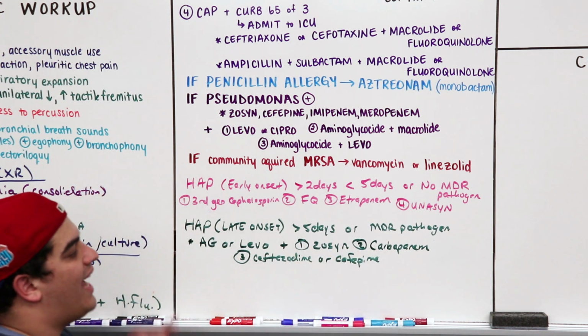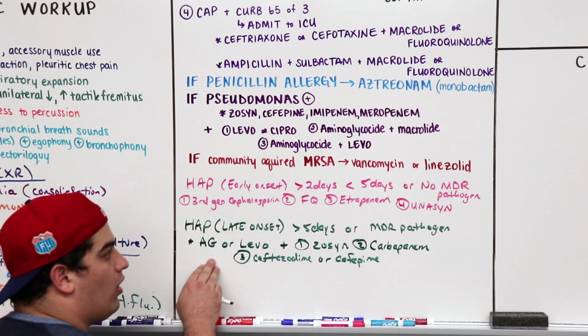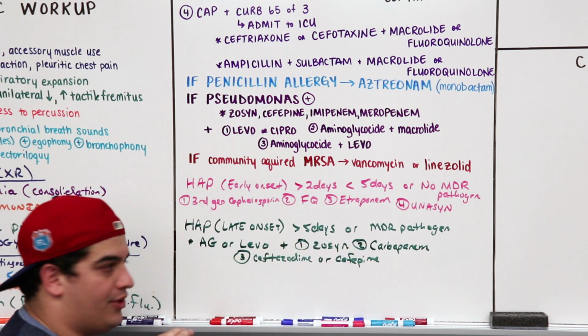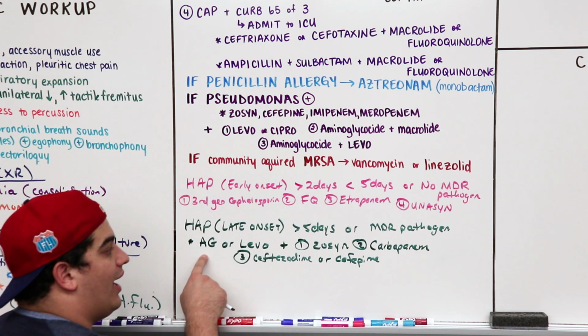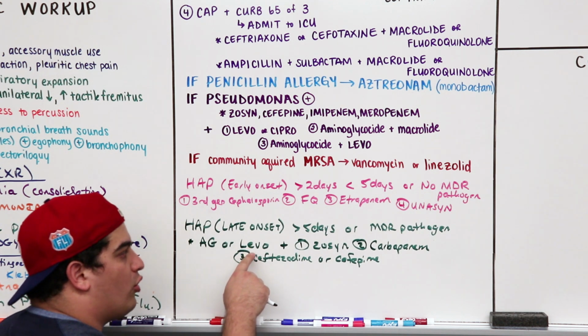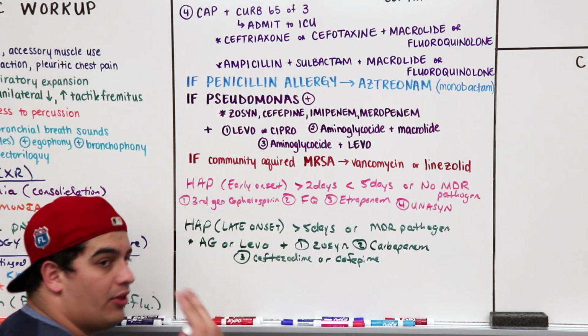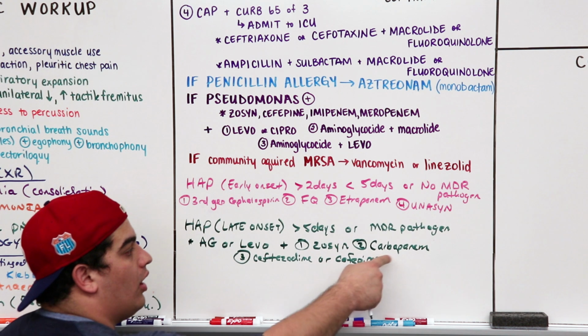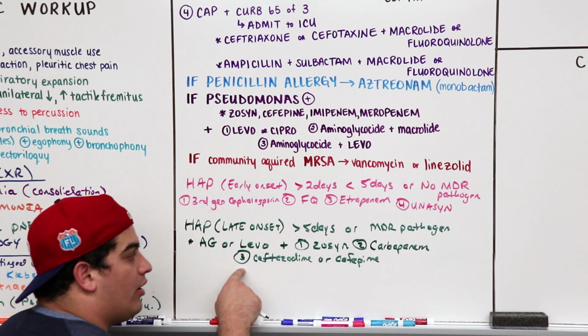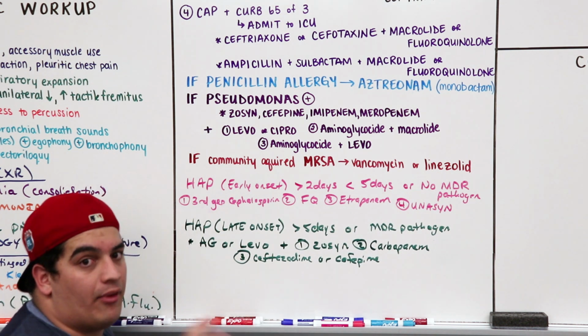Okay, so you could do ceftazidime or cefepime. So if they have late onset, greater than 5 days in the hospital, or they've developed a multi-drug resistant pathogen, we give aminoglycoside like gentamicin or a respiratory fluoroquinolone like Levo, plus 3 options: Zosyn, a carbapenem, but not ertapenem, and a third could be either ceftazidime or cefepime.